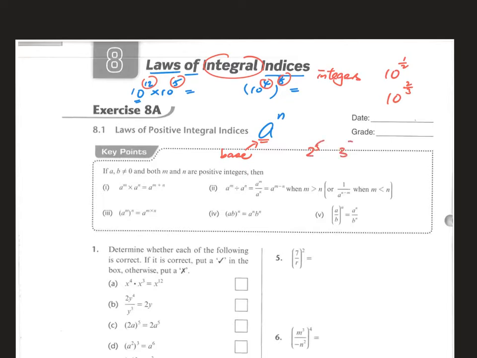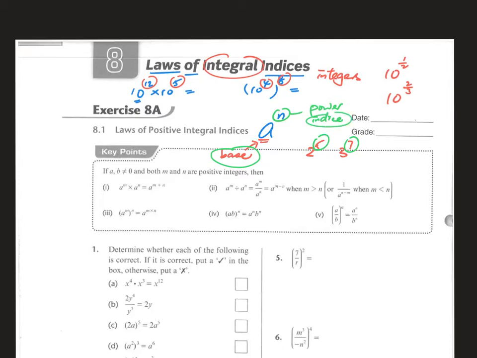It may be 3 to the power 7, 3 is the base, etc. And then we always say power 1, power 2, power 3, or we can call it the index. For example, in 2 to the power 5, 5 is the index; in 3 to the power 7, 7 is the index. So these are the terms you should know. One is called base, one is called index.